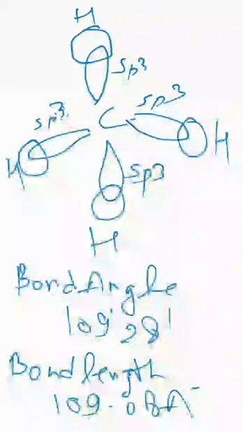So all four bonds are identical in bond angle and bond length because of sp3 hybridization. Carbon has four sp3 hybrid orbitals in case of alkane, and these hybrid orbitals get overlapped with the s orbital of hydrogen in case of methane, and all four sigma bonds formed are identical in properties.